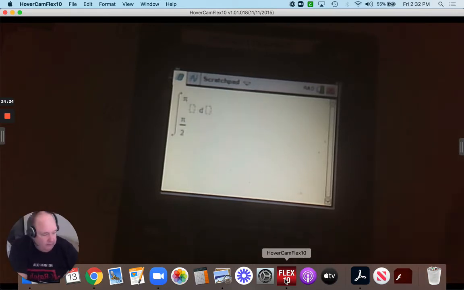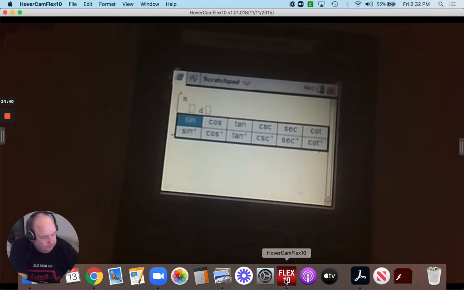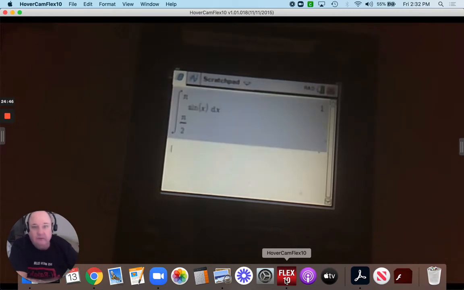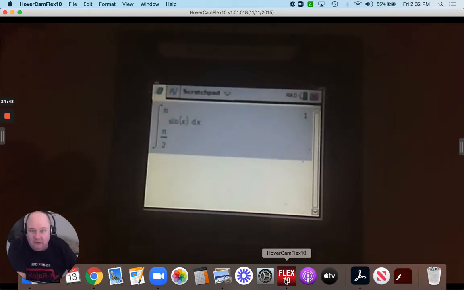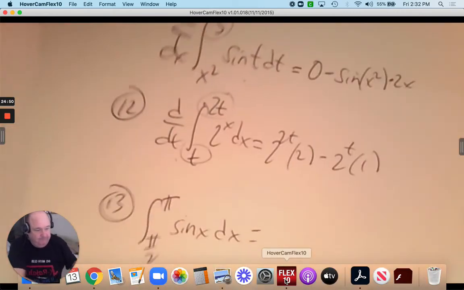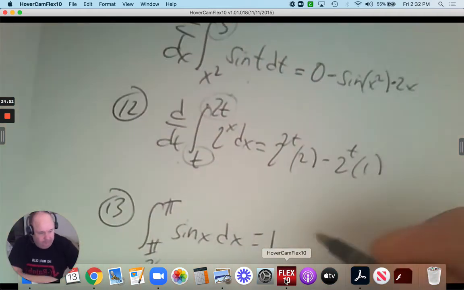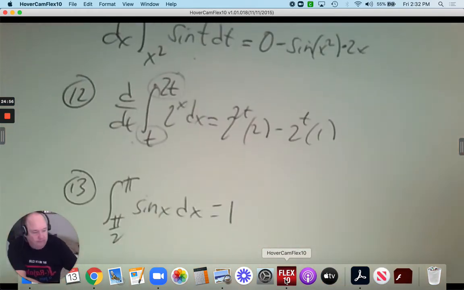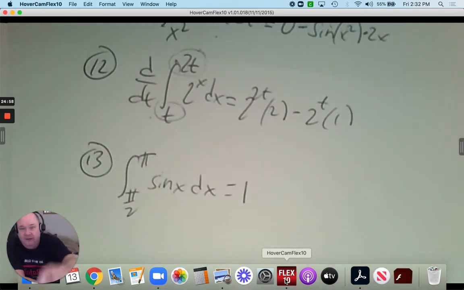And then what I'm integrating is sine x. And I'm integrating with respect to x, and I get my answer. Nice, easy answer, too. 1. All right, number 14.